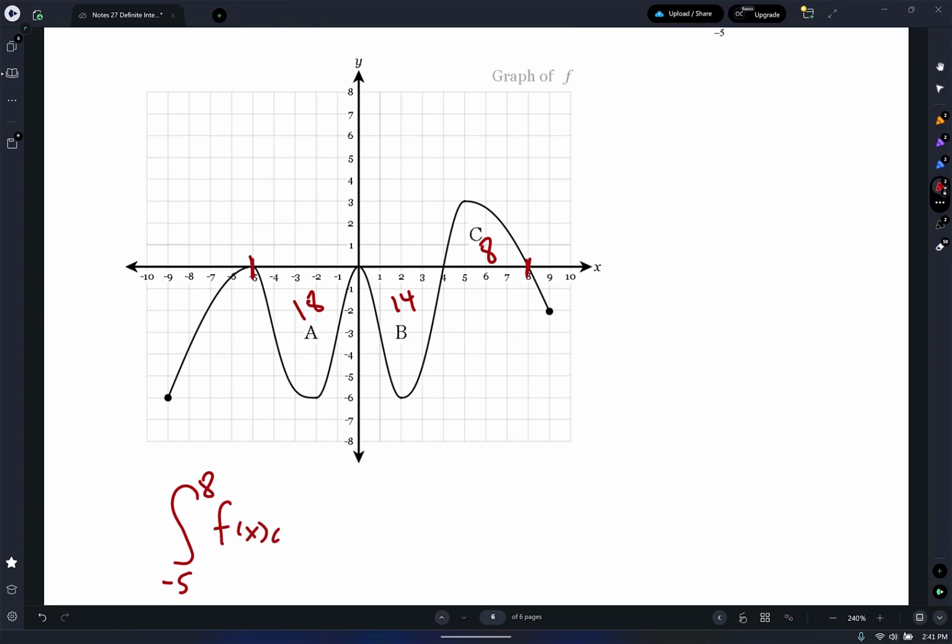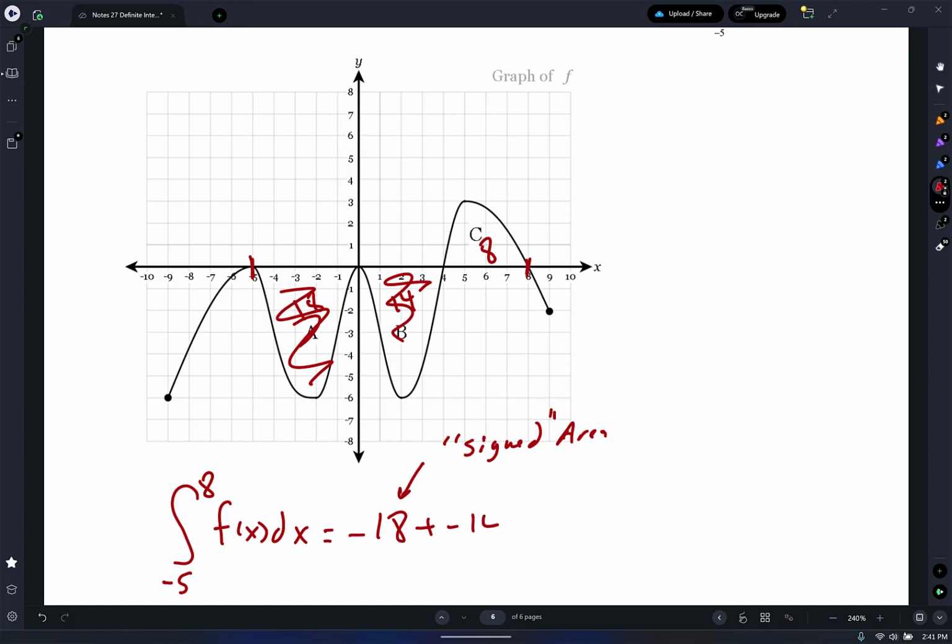From negative 5 to 8 of f of x dx. Well, is region A below the x-axis? Yeah, so that's going to be a negative 18. We're talking about signed area. Plus, is region B, because they want from negative 5 all the way to 8, so they want all these regions.